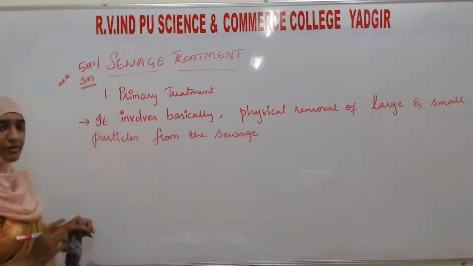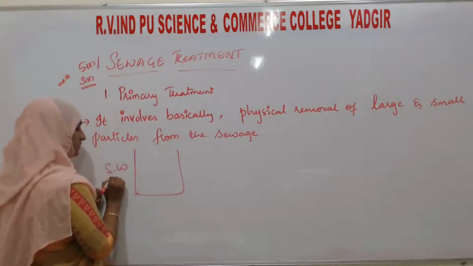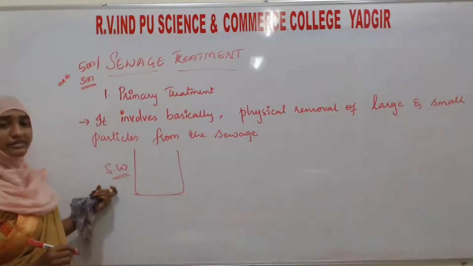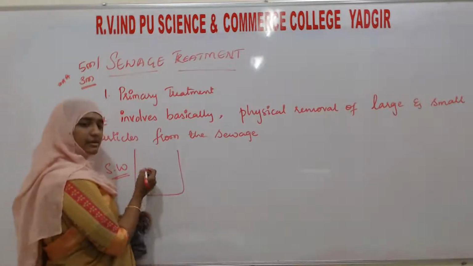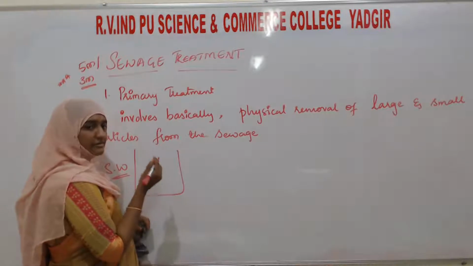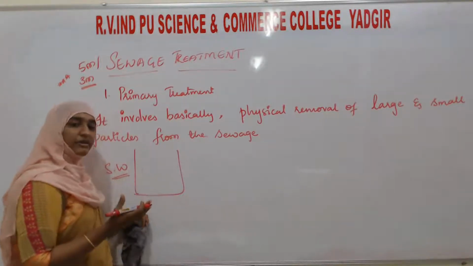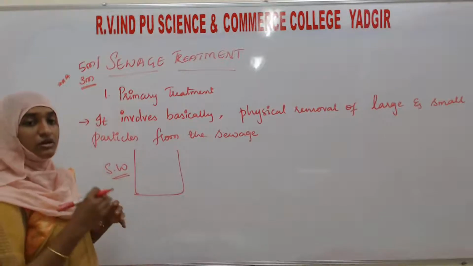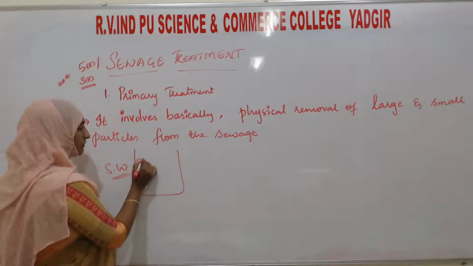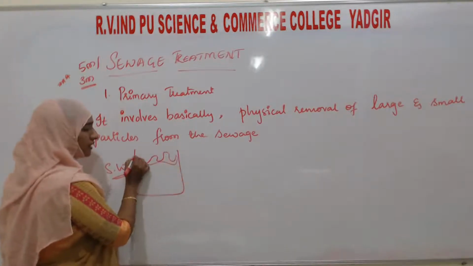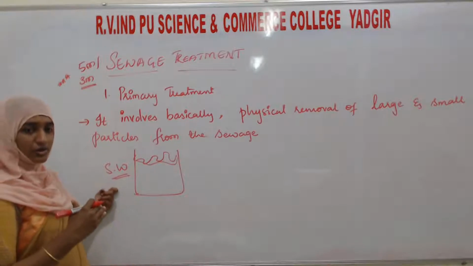See, for example, this is the sewage water, SW. Whatever polythene bags, plastic bottles, cloths, debris or waste which people throw into the water bodies will be floating on the surface of the water, that is the sewage water.